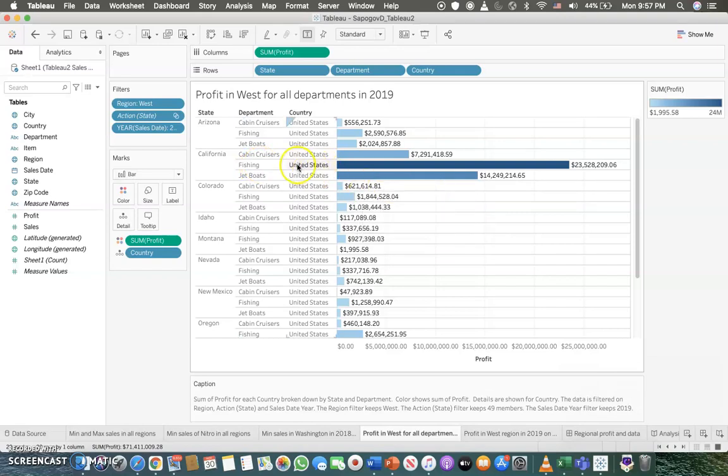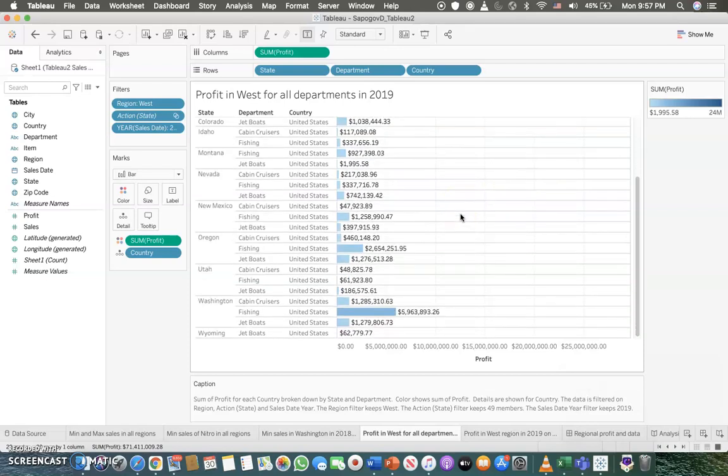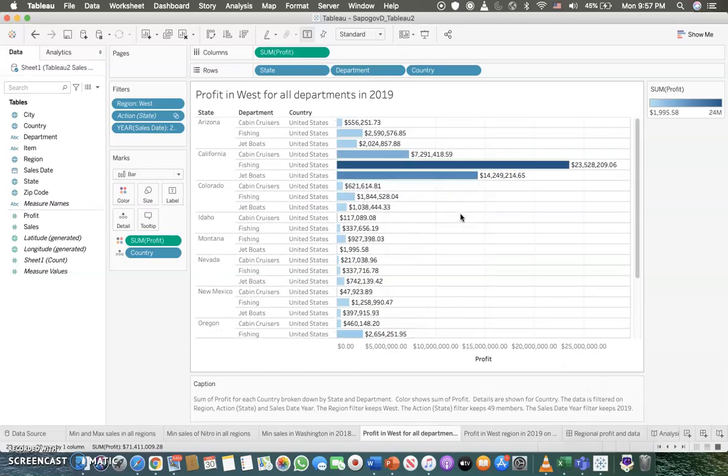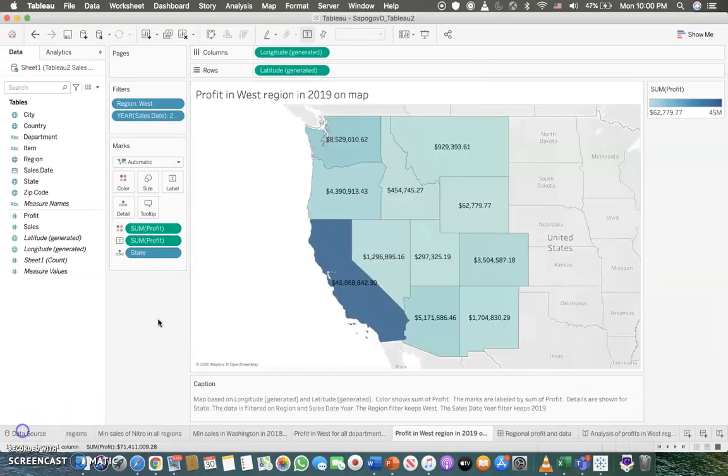And moreover, cabin cruisers and jet boats also did a great job here in California in comparison with other states in West region, as you can see here. Here I decided to create a map and look at the profit in West region in 2019.